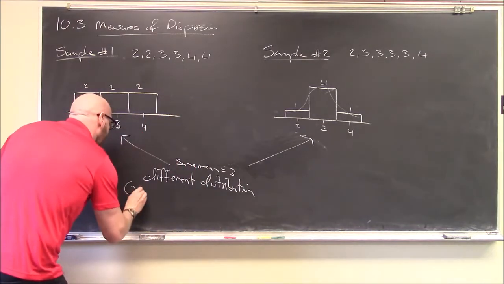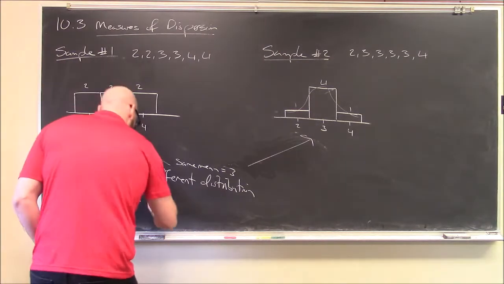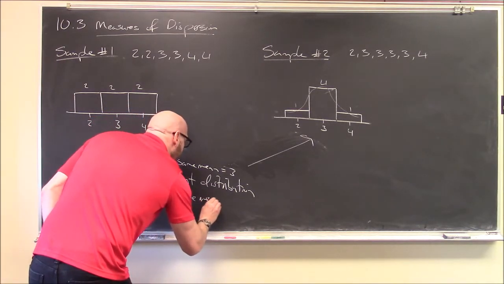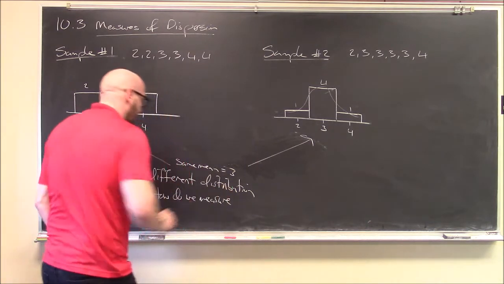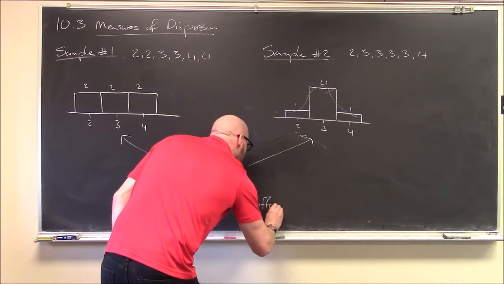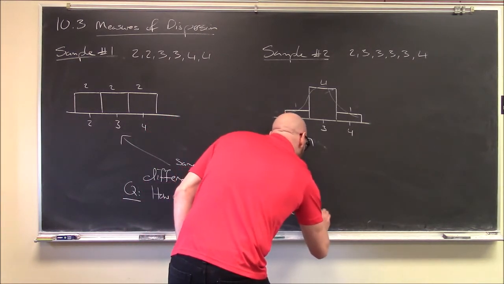And the question is, how can we measure this difference? How do we measure, sorry about the handwriting, it's low on the board, how do we measure the difference in distribution?